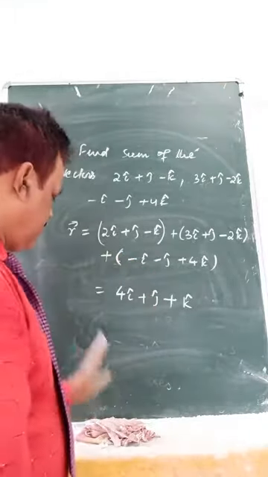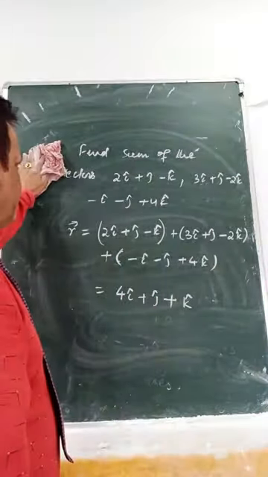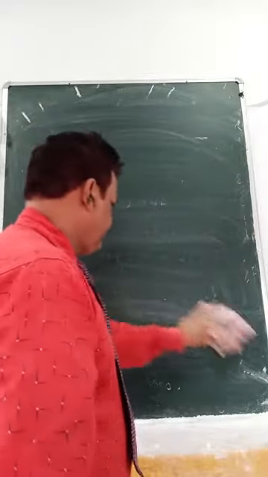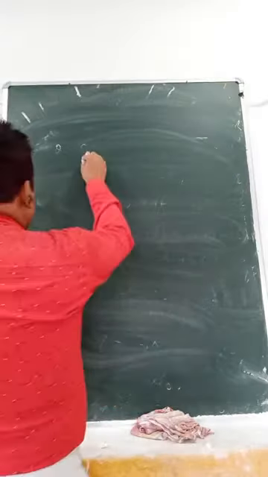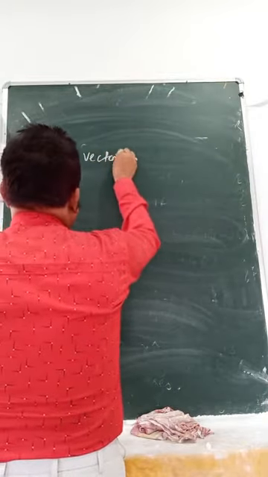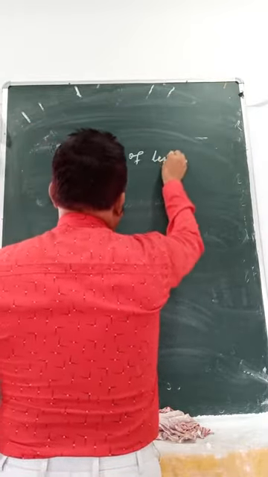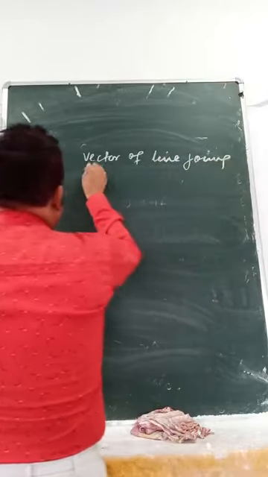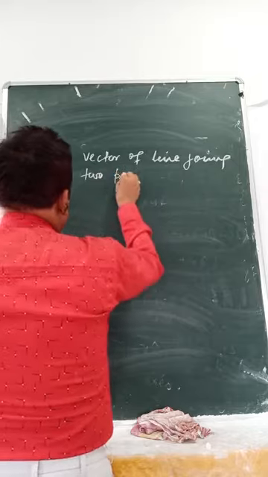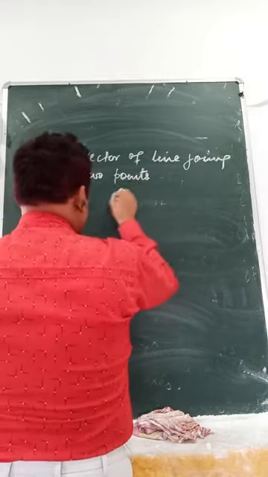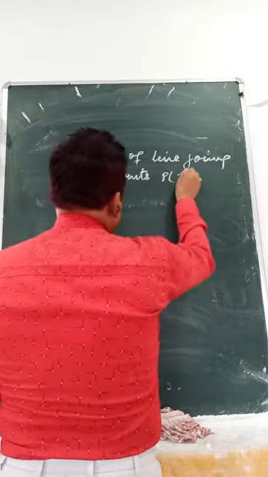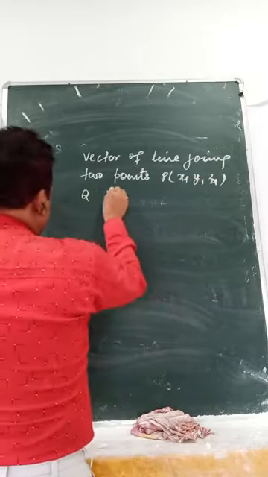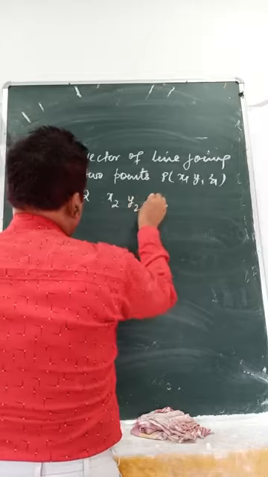Okay. Now, how to find the vector of the line joining 2 points P (x1, y1, z1) and Q (x2, y2, z2).